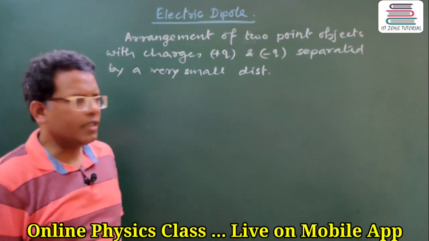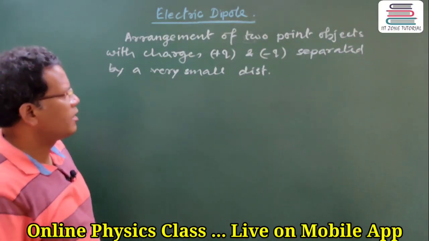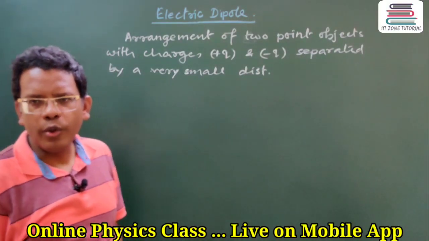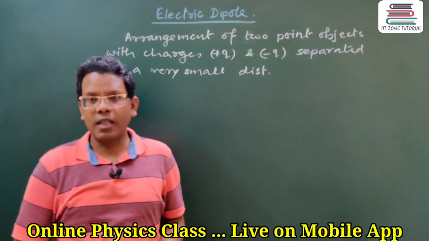So an electric dipole is an arrangement of two equal but opposite charged particles.